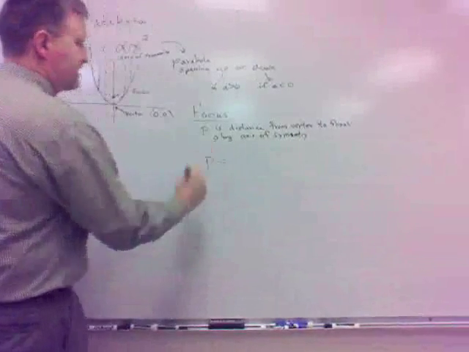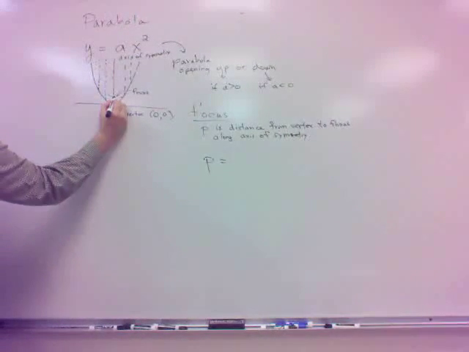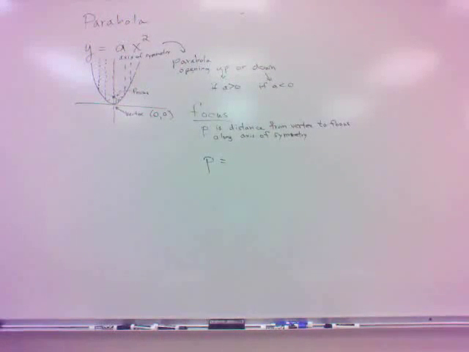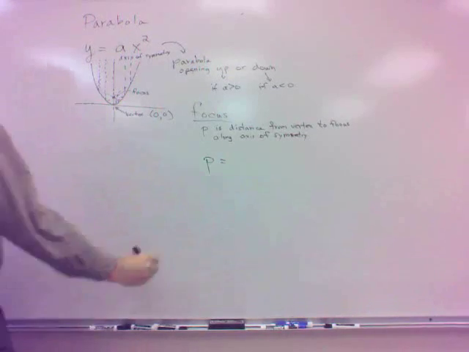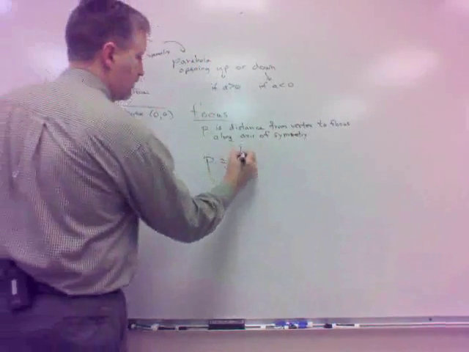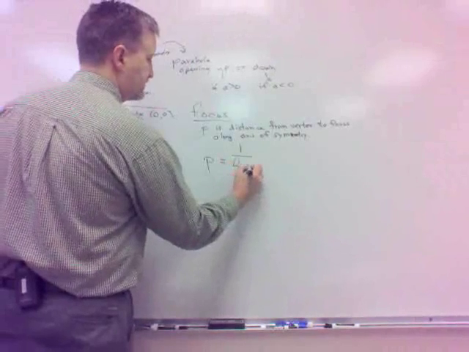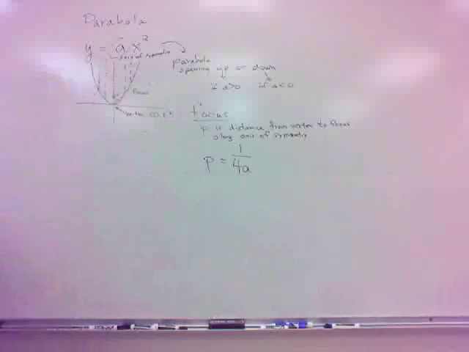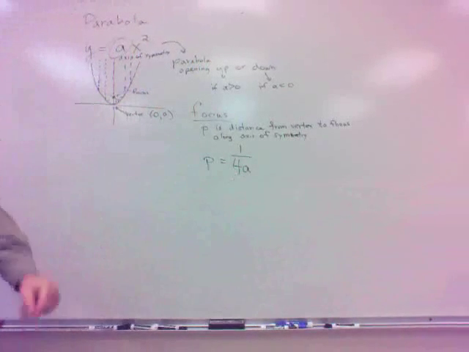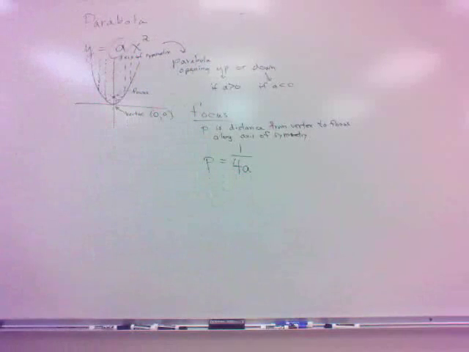And here's how you get the P distance. So this distance right in here, from the vertex to that focus, we're going to call that P. Well, P, turns out, is 1 over 4A. 1 over 4 times A. Again, the A is just the number multiplied by the x squared. Turns out the p distance is 1 over 4 times a. Okay?